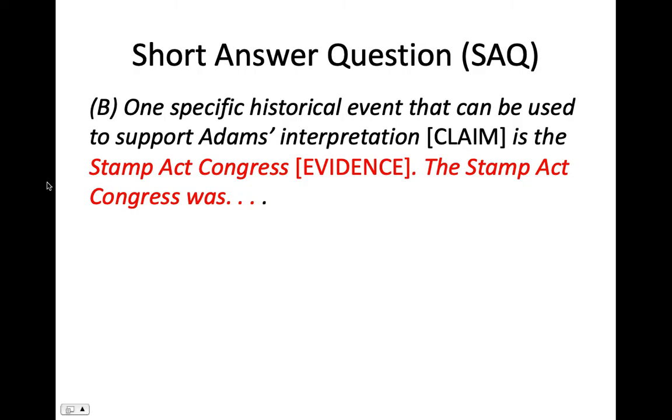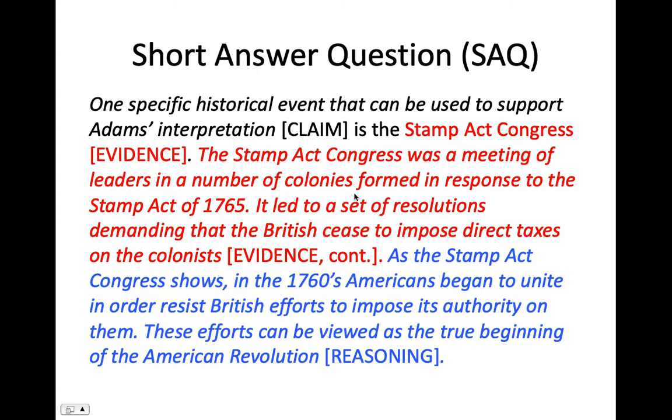But notice how this has to end with details that elaborate on what the Stamp Act Congress was. You can't just say the Stamp Act Congress and move on. You have to provide that information.